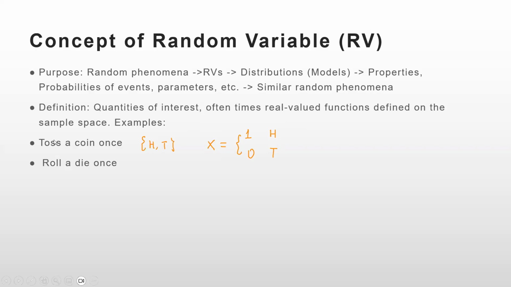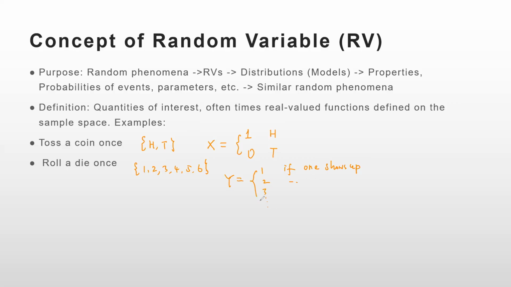Another example, say if we roll a die once, suppose it's a six face die, and then you have 1, 2, 3, 4, 5, 6. This is our sample space, and we can define y to be exactly these numbers. So 1 if 1 shows up, and 2 if 2 shows up, and so forth. Quite common.